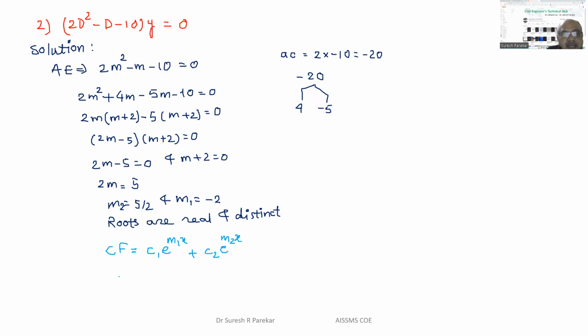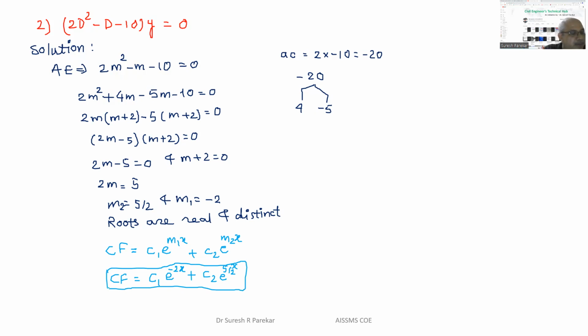And now CF = C1 e^(−2x) + C2 e^(5x/2). So this is the complementary function of the given characteristic equation.